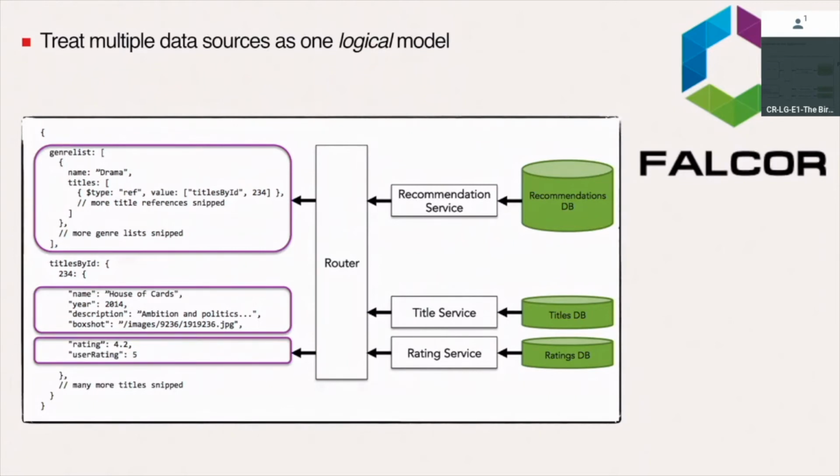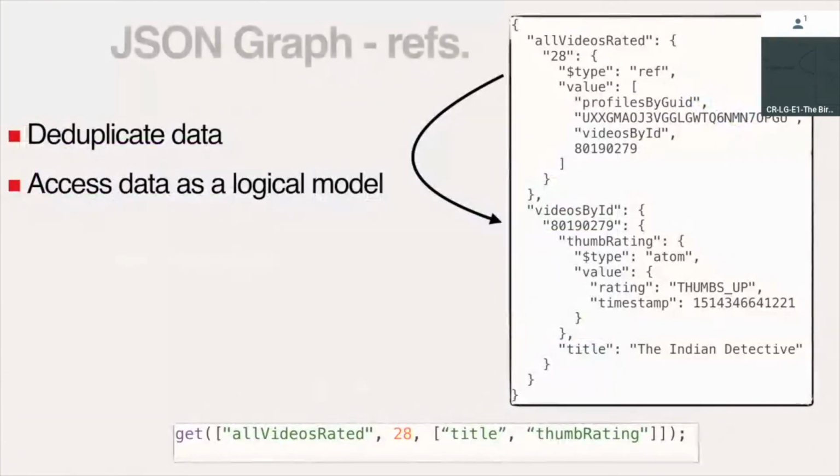One of the very important things that it solves is that we have refs here. A reference is one point in the data that points to the data, but we don't actually list the data there. And I have a better example of that. So again, going to the rated videos example.